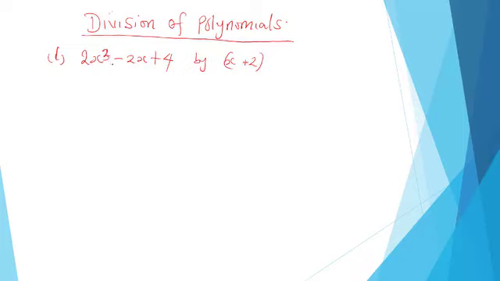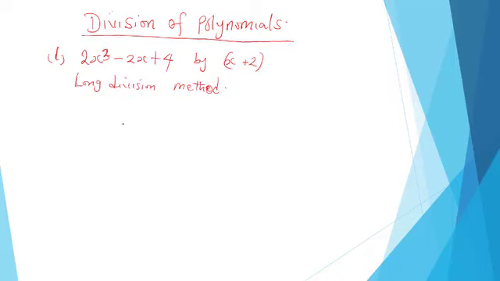Now, how does it work? Let's say there is a pattern called the long division method. The long division method is the simplest way of dividing any polynomial by a given number.